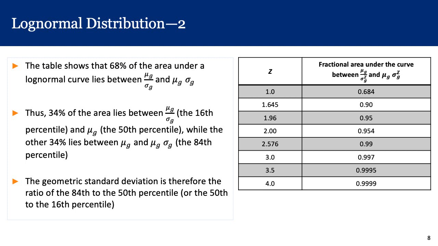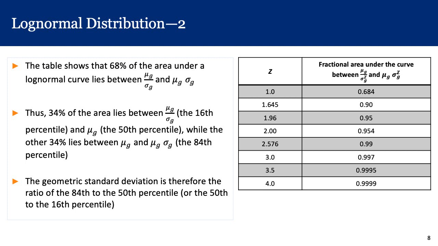In a log normal distribution, this changes because now we are talking about the logarithms of the quantity. And so we would say that the area under the curve between mu g divided by sigma g raised to the power z to mu g times sigma g raised to the power z is 68%.